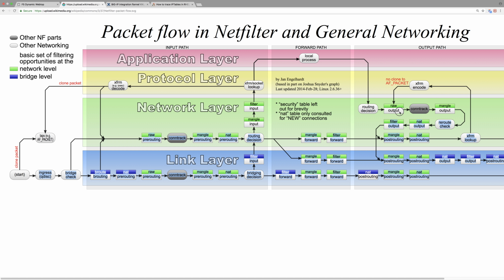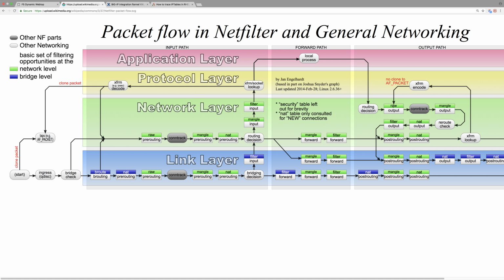There's the output chain here, followed by conntrack, and mangle is the mangle table to actually modify the packet header. It has an output chain too.